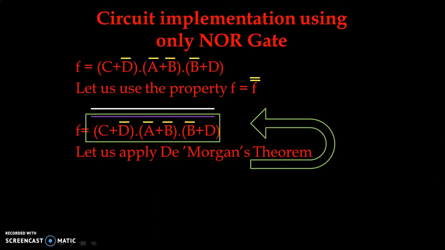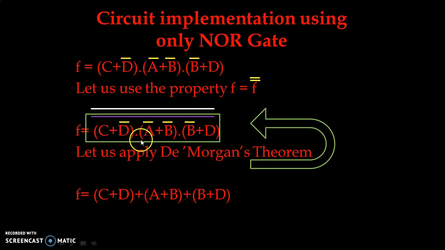Now we can observe that it is a complement of a product. We have three sum terms, but they are multiplied together, so it is a first product, second product and third product, and it is a complement of a product. So now we apply De Morgan's theorem and see all the sum terms.